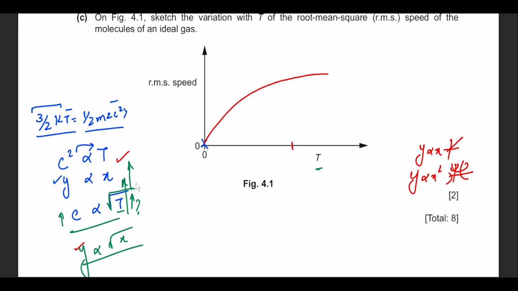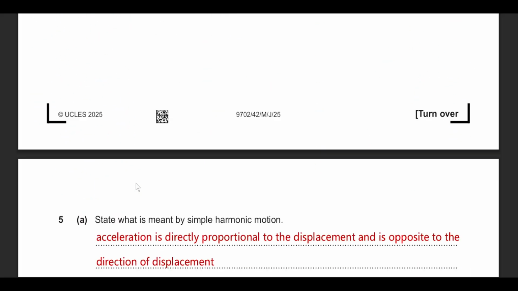Now notice that in the ending section, the temperature increase or the change is very high, but it's not translating into an increase in RMS speed. And this behavior is actually the graph for a y relationship with under root x. But anyway, that's math, not physics. You can get by about that on your own.